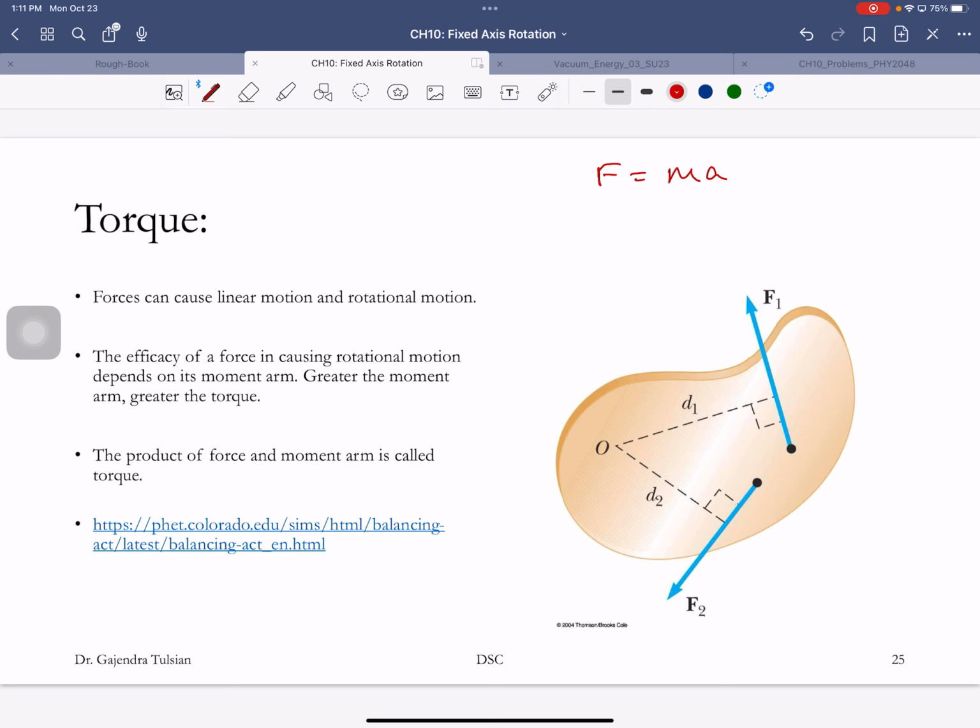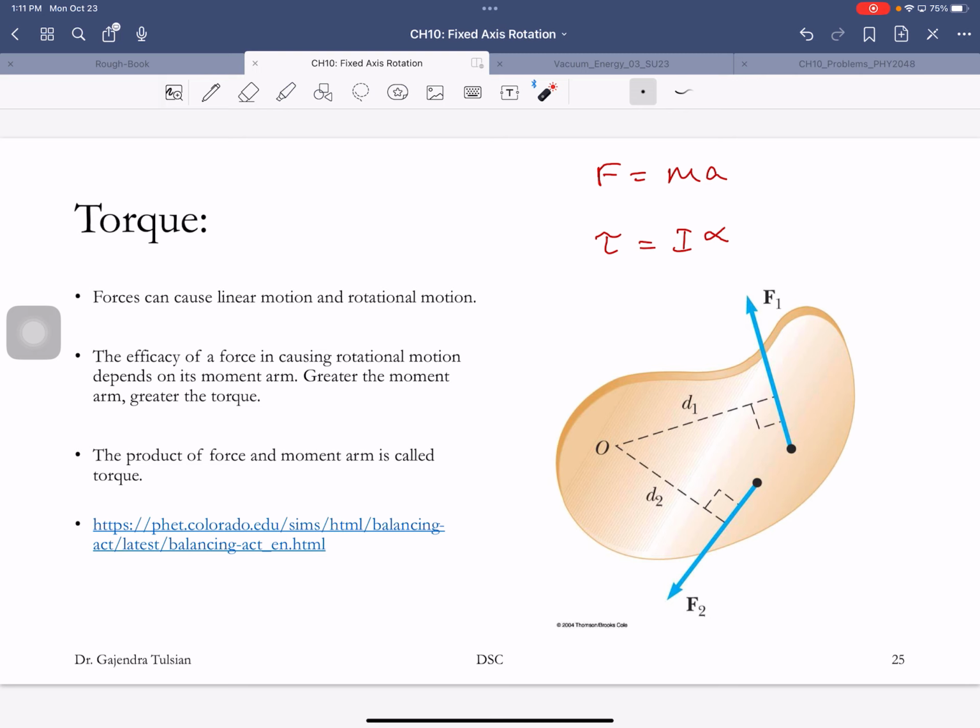Now what we'll learn is, if I want to give an object an angular acceleration, what you have to do is apply a torque to it. Torques will give objects an angular acceleration. And so now we'll learn about torques.